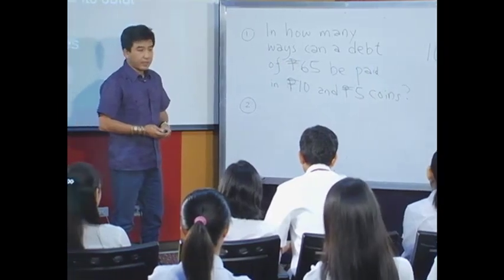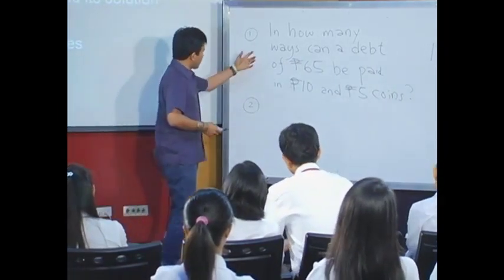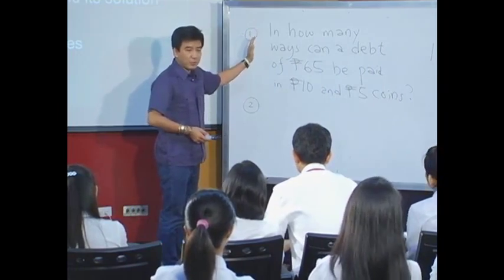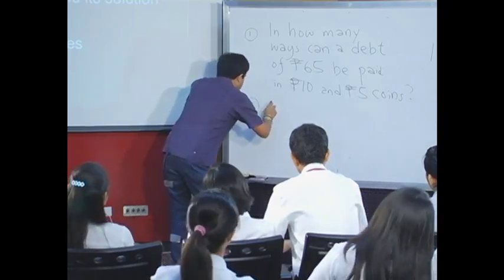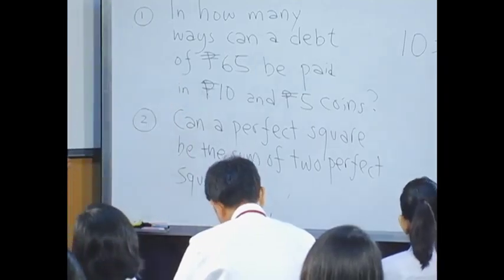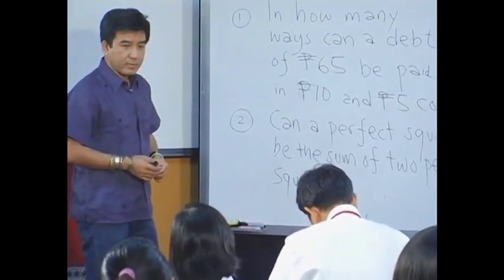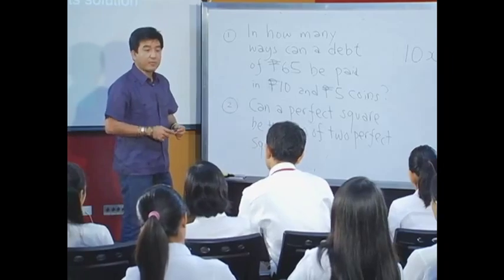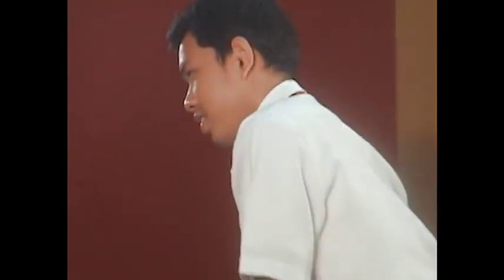I'll give you another Diophantine equation, this time asked by the Greeks. The Greeks, of course, wanted solutions to these equations. Can a perfect square be the sum of two perfect squares? Think about that question. It should be very familiar to you. Yes, Alvin? It's just an expression of the Pythagorean theorem, c squared is equal to a squared plus b squared.